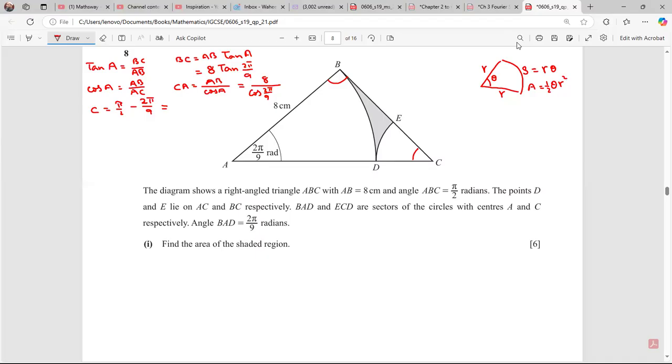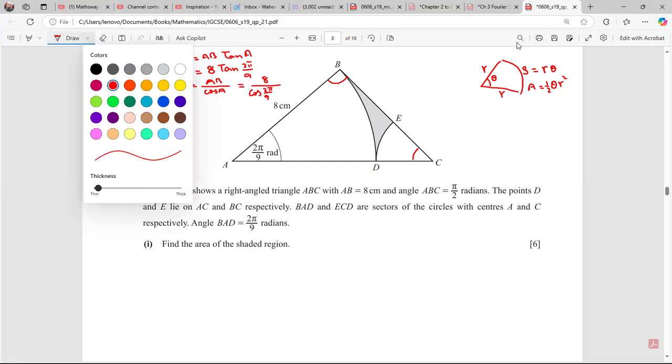Yes, 5 pi by 18. Okay, so now we have everything about this triangle. Can I find the area of this triangle? Area of triangle ABC. Okay, look, before I find the area, let me do something else.